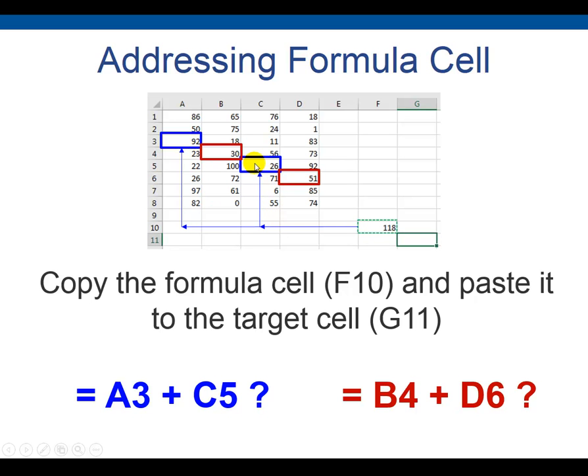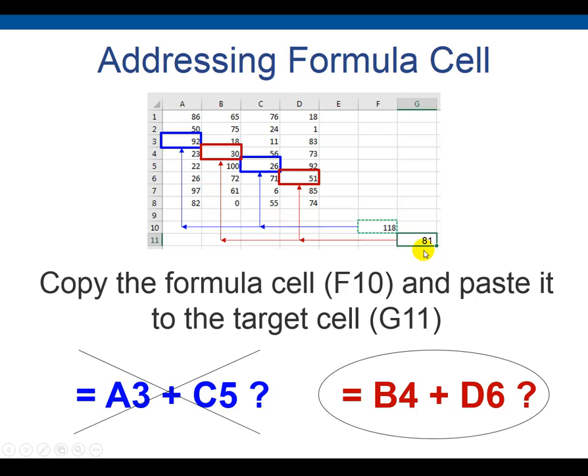This cell and this cell are 5 left and up 7, and this is left 3 and up 5. So this is relative addressing. We can keep the relative locations from these cells. That's why the result is not 118, it's 81, because 30 plus 51.